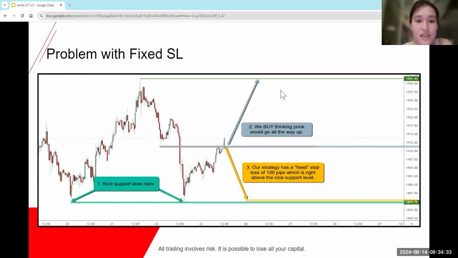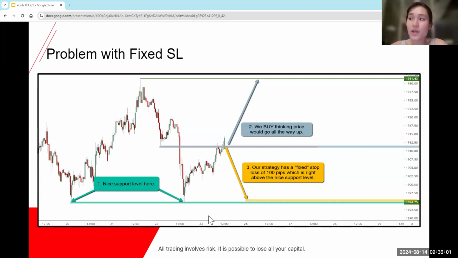Okay, so let's now talk about the problem with a fixed stop loss. In this example, you can see we have a nice support level with 2 swing lows. If we're looking at the ICT trading strategy, we would label this as one of your liquidity areas. So it's pretty much the same concept, just with different names.